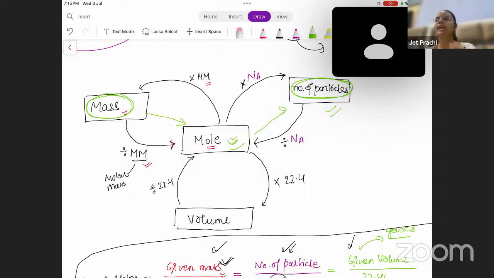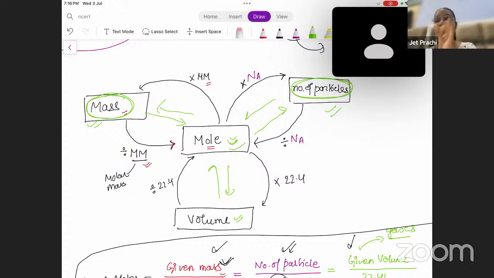In a similar way, if you are given the volume and you want to find the mass for the particular volume, you have to do the same. If you are given volume, go to moles and then to the mass or the number of particles. Or if you are given the number of particles, you have to find out the moles and then you can go to volume or to mass, whatever is asked.